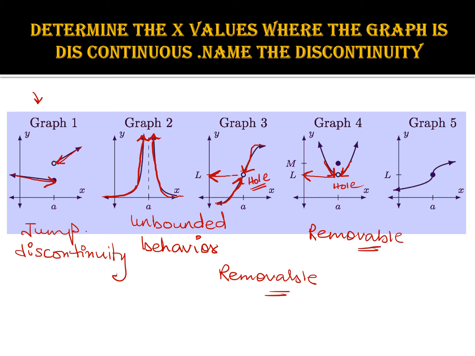Now, what is the difference between graph 3 and graph 4? You can see that in graph number 3, the function f of A is not defined.